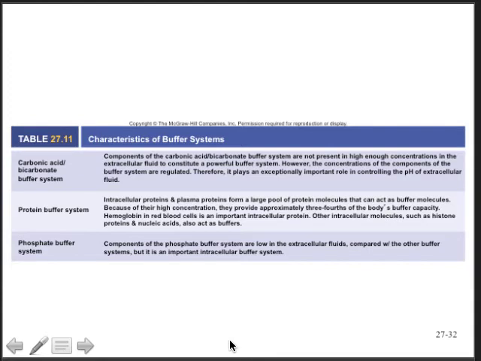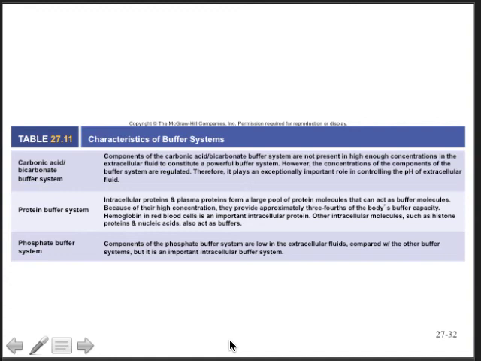Now, what you're looking at here in table 27.11 are some of the characteristics of the different buffer systems that populate the body. And what I want you to do is star this and note where these buffer systems act and how they do their trick. All buffer systems basically work the same way.